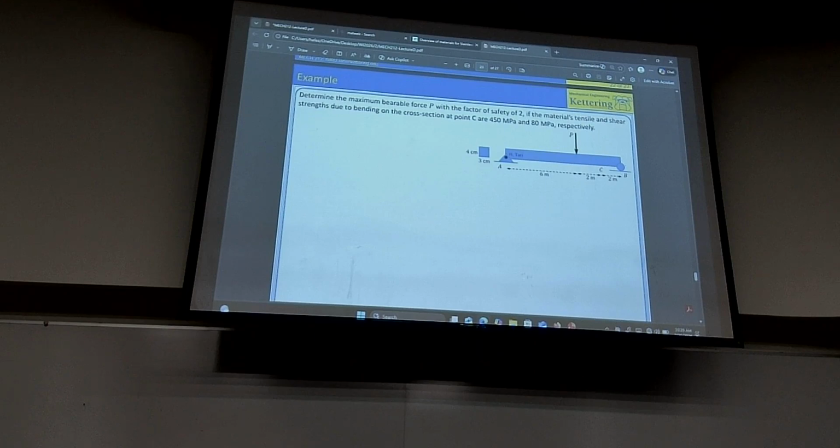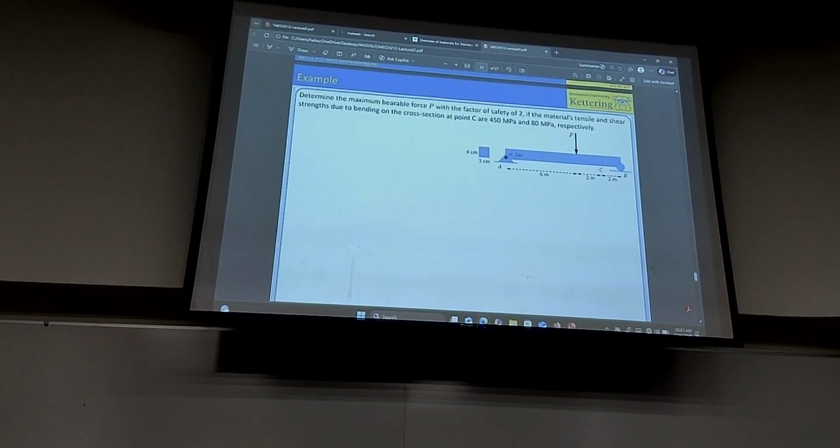So, you see that it specifically says the material's tensile strength is this. Does it say anything about compressive? So we don't know that. If it says the material's strength, sigma u is this, then we know that it is ductile. But here the wording is not as clear.